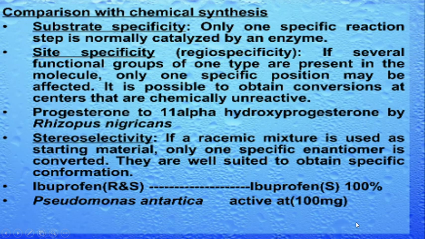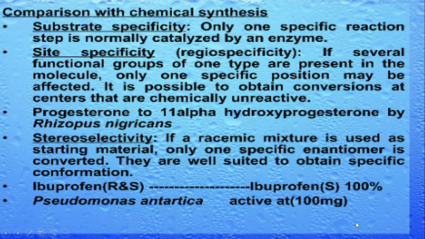There will be several functional groups present on an organic molecule, but when you are doing biotransformation, none of the other functional groups are affected and only a specific position may be converted. An example is progesterone. It has several functional groups, and by using Rhizopus nigricans you can convert progesterone to 11 alpha hydroxy progesterone. At a single position a hydroxy group is added.